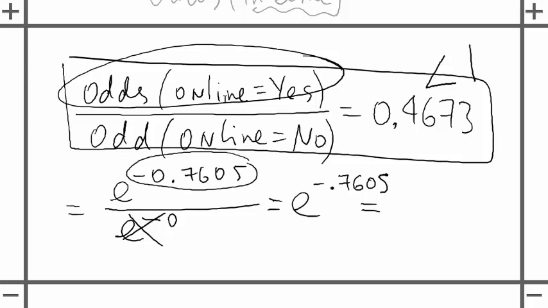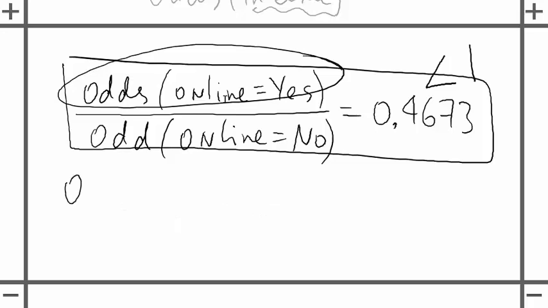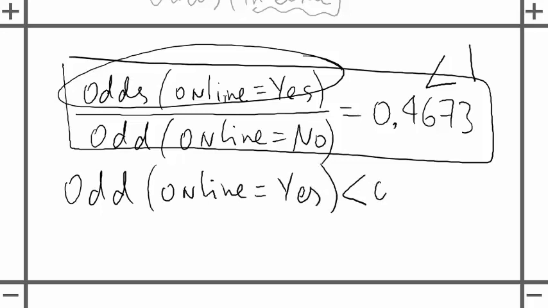Lower, right? The ratio is less than 1, that means that you're dividing by a bigger number, right? So therefore, my odds, when I do online banking, online equals yes, are less than the odds if I don't do online, online equals no, right?